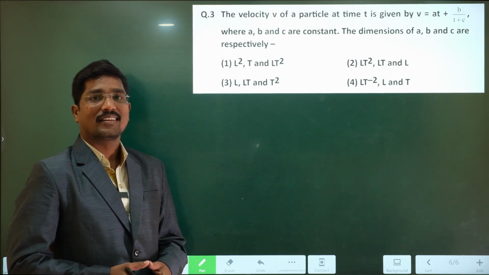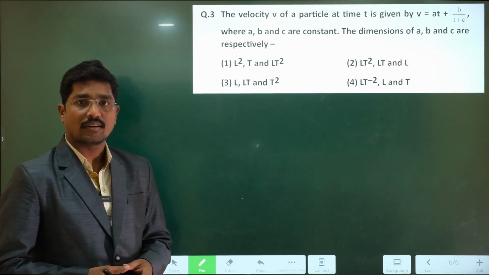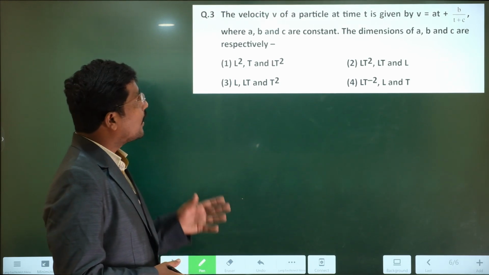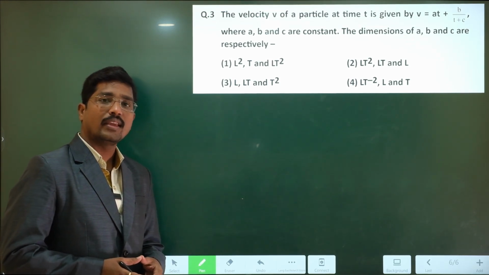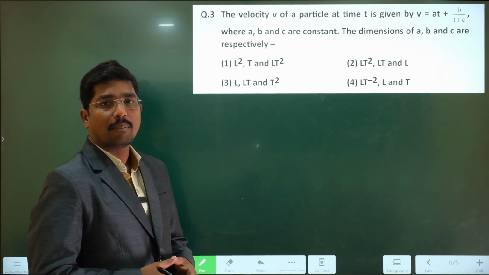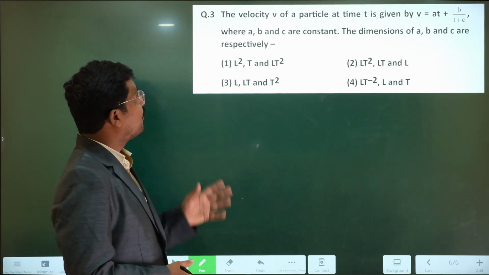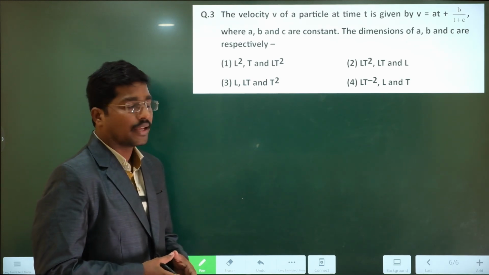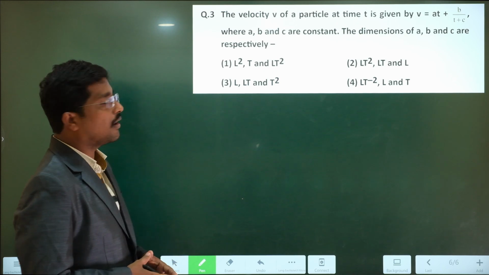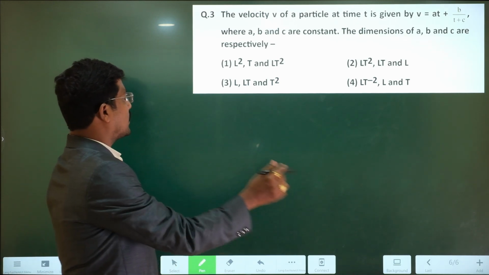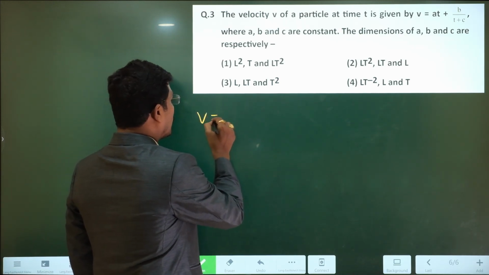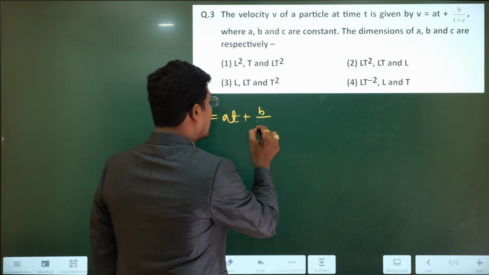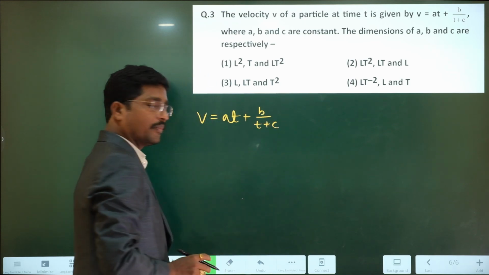Dear students, this is the MCQ from units and measurements. The velocity v of a particle at a time t is given by v equal to at plus b by t plus c, where a, b and c are constants. The dimensions of a, b and c are respectively. See, v equal to at plus b by t plus c is given.